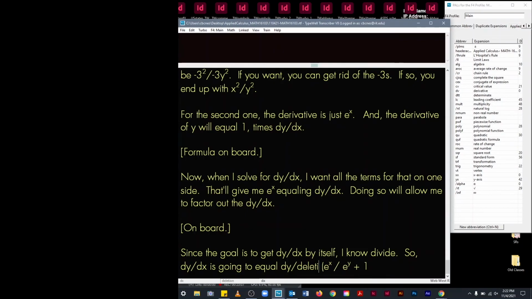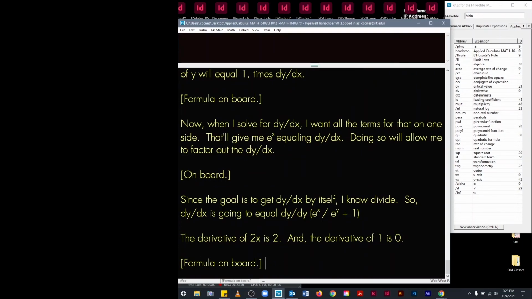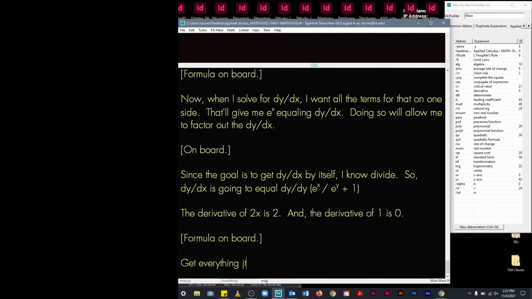The derivative of 3x squared is 6x. The derivative of 2x is 2. The derivative of y squared is 2y times dy dx. And the derivative of 1 is 0. All right. Get everything that doesn't have a dy dx attached to it to the other side.